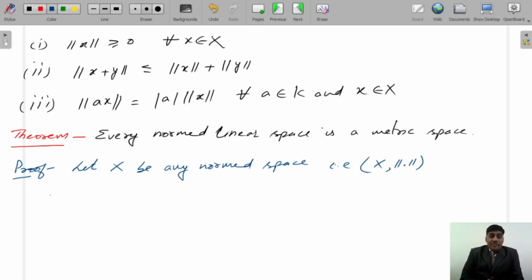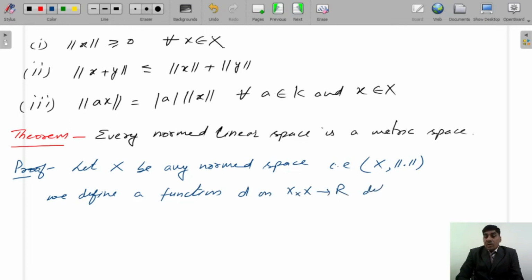We define a function d on X cross X to R defined as d(x1, x2) is equal to norm of x1 minus x2.